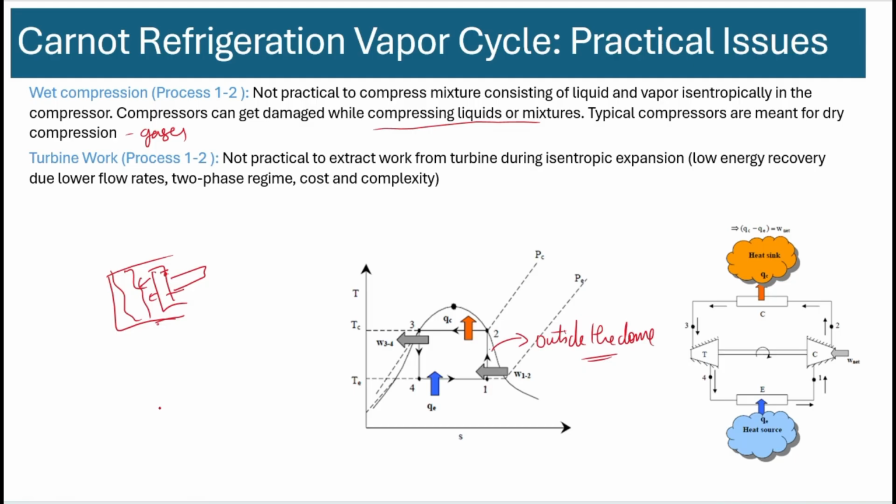And a lot of times it's due to liquid getting into the compression chamber, and a little bit of liquid getting into your system is creating a lot of compression issues, a lot of vibrations. And if too much liquid gets in, it could damage the mechanical components of a compressor.